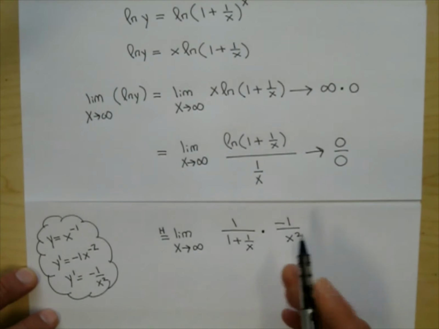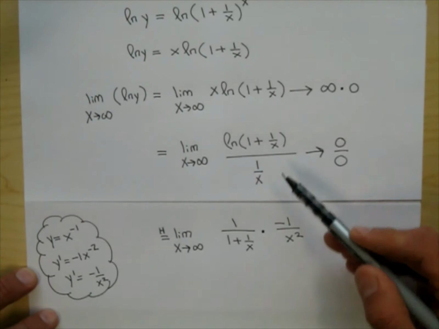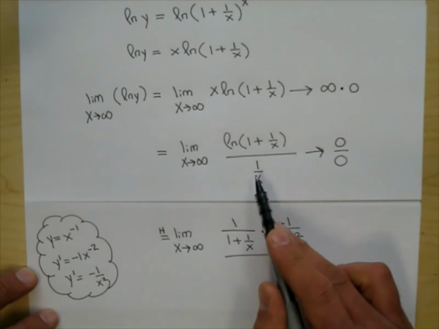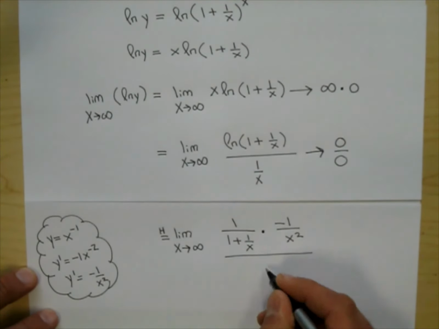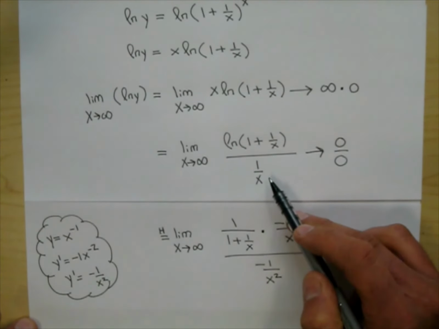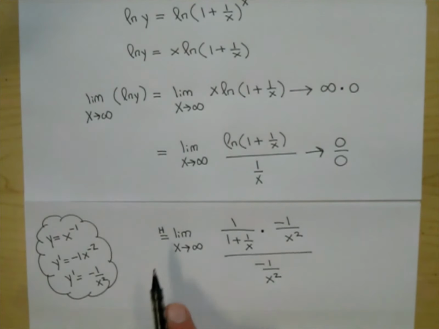Okay. So L'Hopital's rule says you take the derivative of the top, and then you put that over the derivative of the bottom. Well, this is the derivative of 1 over x, which we just did over here in this cloud. This is negative 1 over x squared. Okay, so this expression is different from this expression, but the limit's going to be the same, and that's what L'Hopital says.